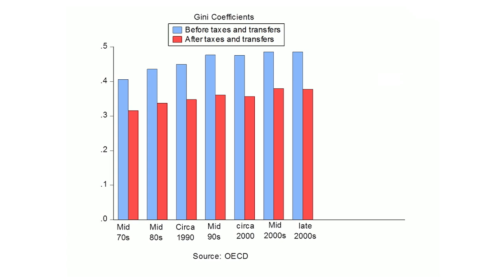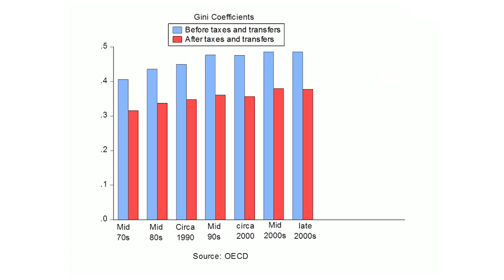One bar is the Gini coefficient before people have been taxed and before transfer payments are given to lower income individuals or others. And you can see in the red how after taxes and transfers there's more equality, the Gini coefficient is lower.